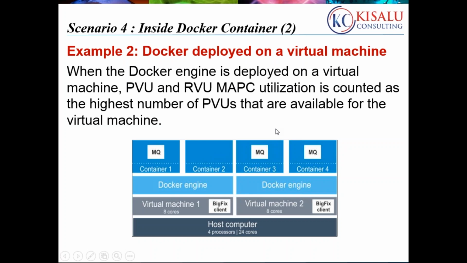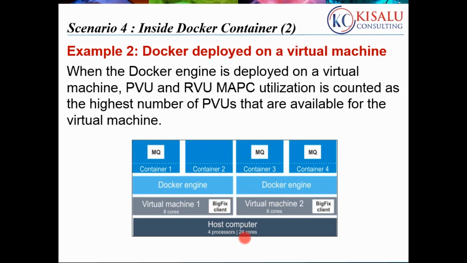So Docker can be deployed on a virtual machine. If it is deployed on a virtual machine, the counting will also be based on the highest number of PVU that are available to the virtual machine. So here we have the same host computer, and we have 2 virtual machines.